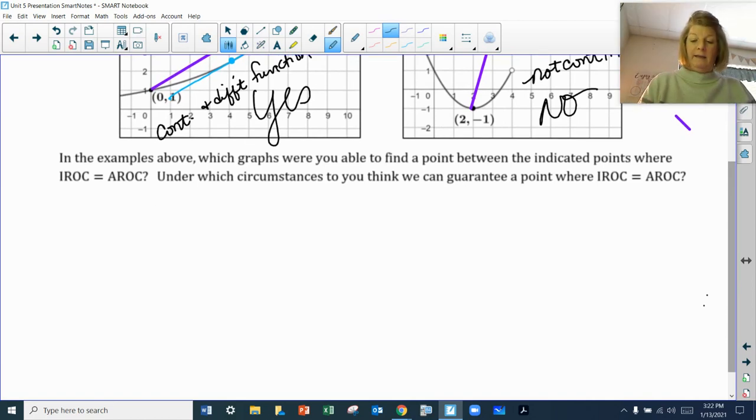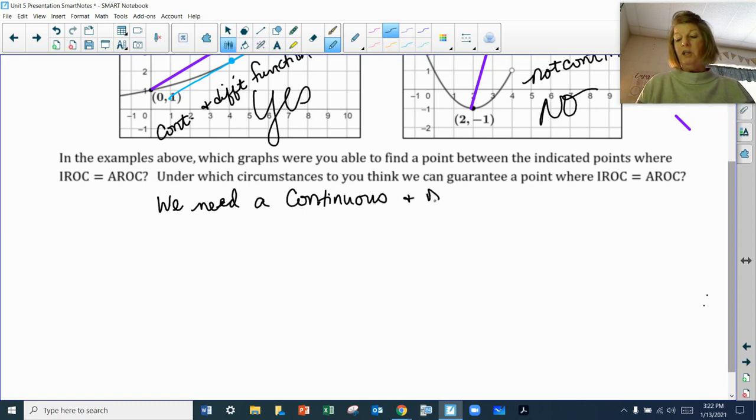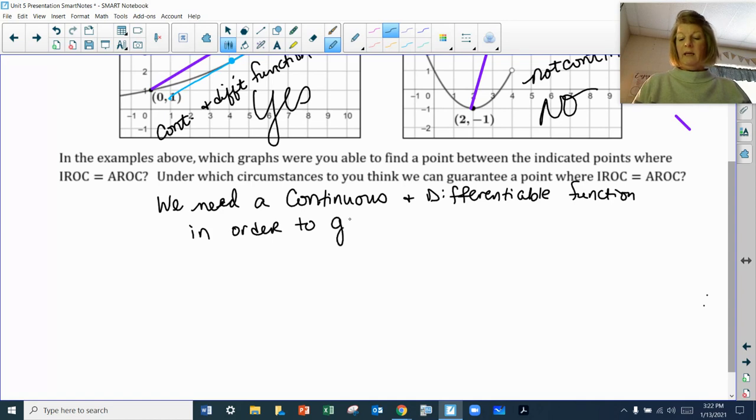We need a continuous and differentiable function, it appears, in order to guarantee AROC equals IROC.